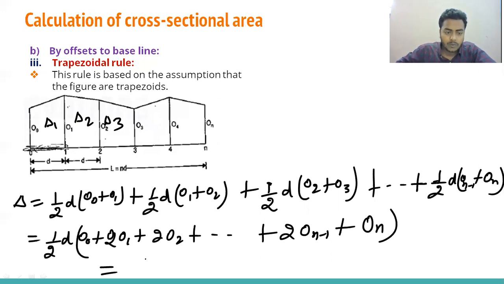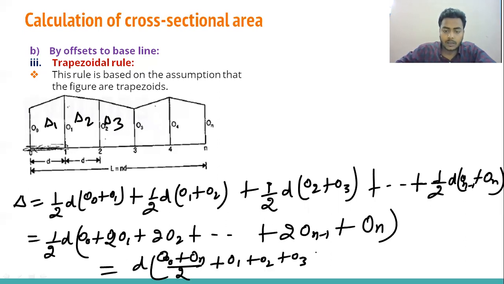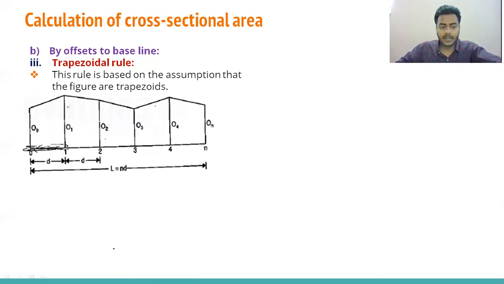By dividing by 2, we get d into O0 plus On divided by 2, plus O1, O2, O3 up to On minus 1.